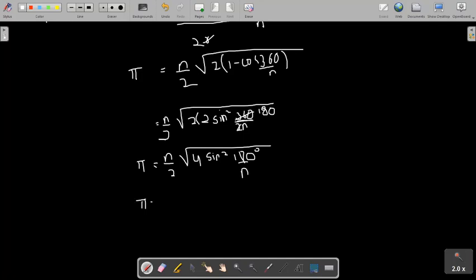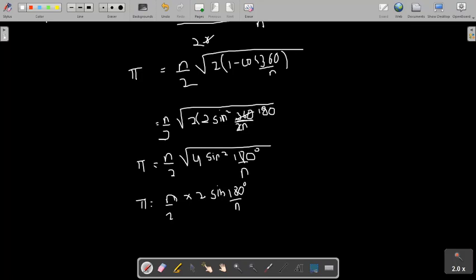So we would get pi equals n upon 2 multiplied by 2, since the square root of 4 is 2, and the square root of sine square of 180 upon n is sine of 180 degrees upon n.